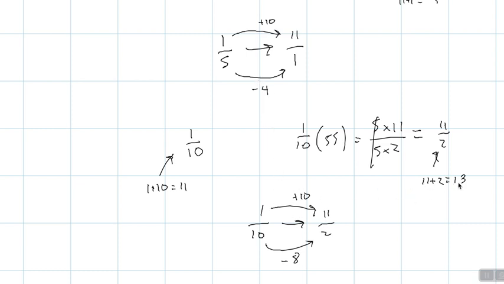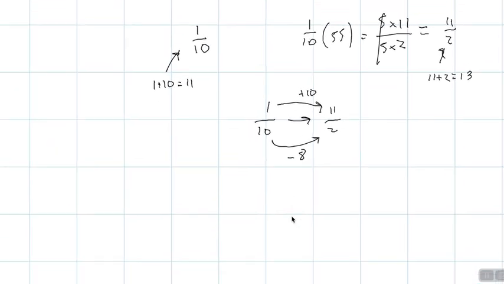Basically, in order for the sums to be the same, we need the numerator to increase the same amount as the denominator decreases. We can make a little table here, looking at multiples of 10 and the numerator values.